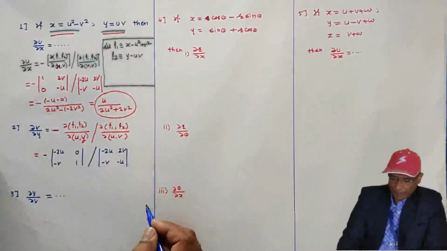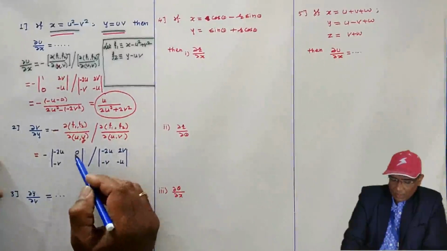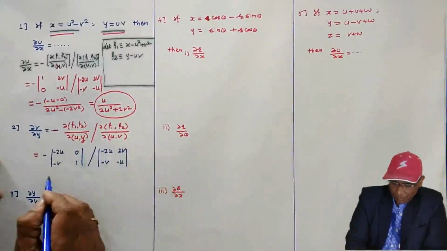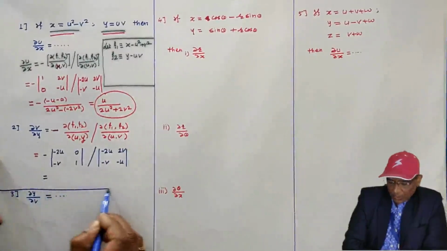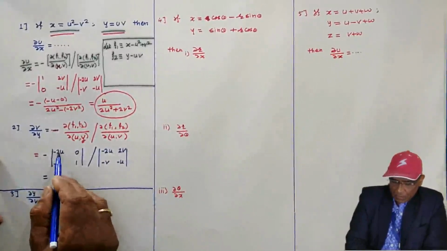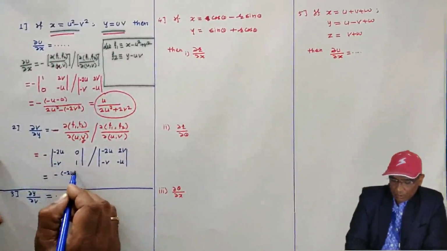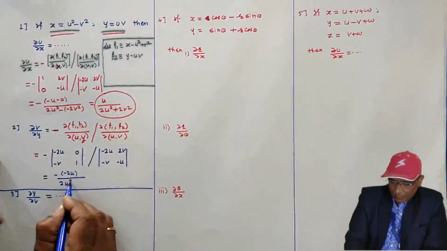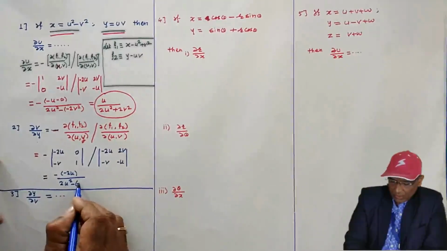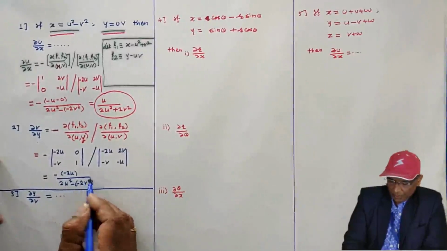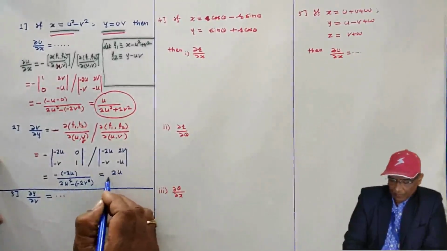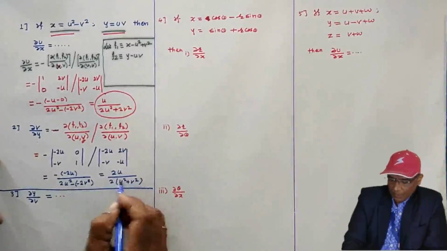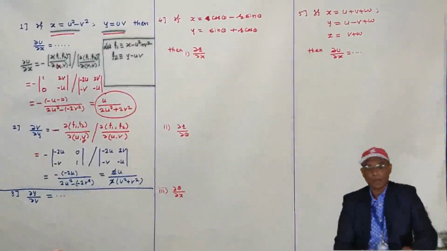As I told you, this last column, other than the first one, is the same. Now we are going to solve this determinant. Minus 2u, minus of this will be 0, divided by 2u square plus, or you can write indirectly also like this, 2u divided by 2 times u square plus v square. The u gets cancelled. In this way, we found del v by del y.